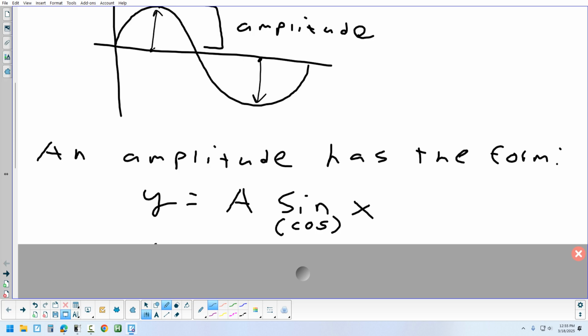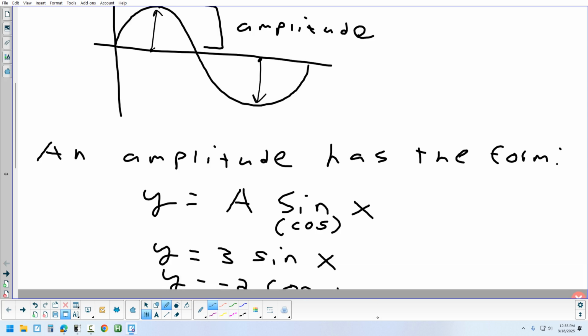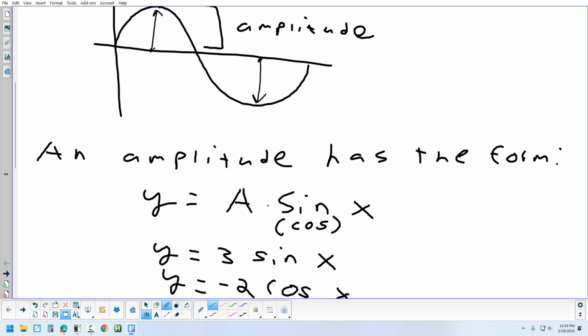When you multiply, it is a stretch. And what we're going to be doing is multiplying by a number in front. This is not inside the parentheses. Okay, so this is outside the parentheses. So outside the parentheses means it's vertical. Multiplication means it is a stretch.